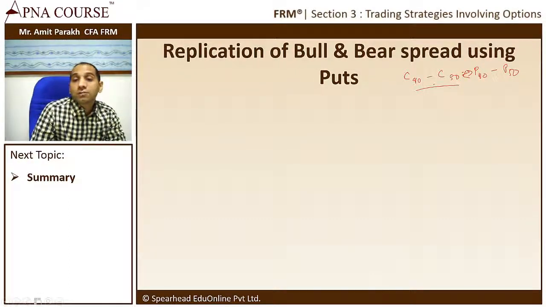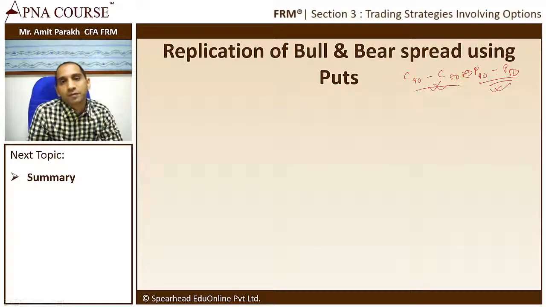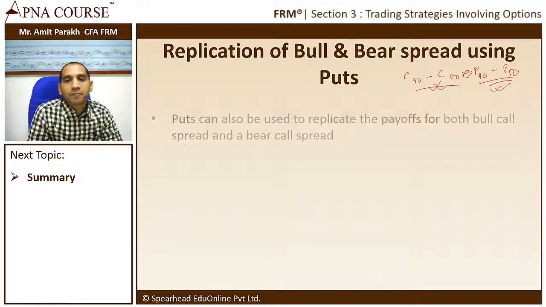Then you would say, so what's the difference between the two? The difference being that here net you pay a premium to begin with, and here net you receive a premium to begin with. So here you receive a premium, here you pay a premium.